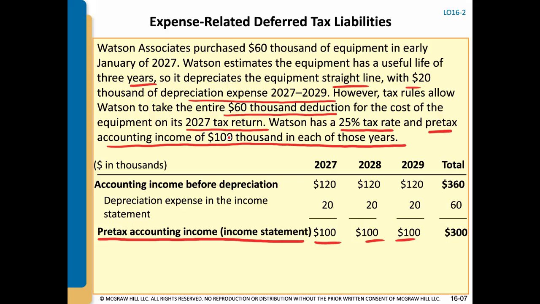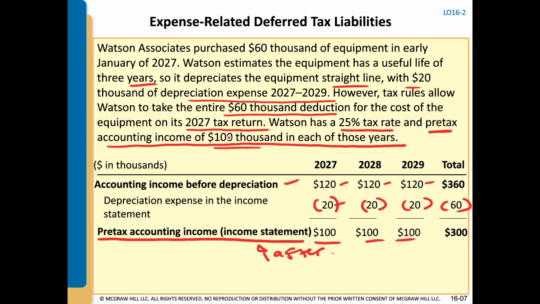This is after depreciation, after we've taken our book depreciation. So if you look here, we have accounting income before depreciation would have been $120,000 each year. And then it tells us that we took $20,000 depreciation, which is how we get to $100,000 of pre-tax accounting.